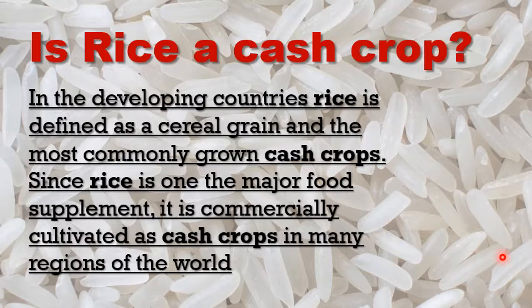They can be cash crops and food crops as well. But a cash crop like cotton, we cannot consume as food, so that can never be a food crop. Some crops are both cash and food crops, but some crops like cotton can only be cash crops.